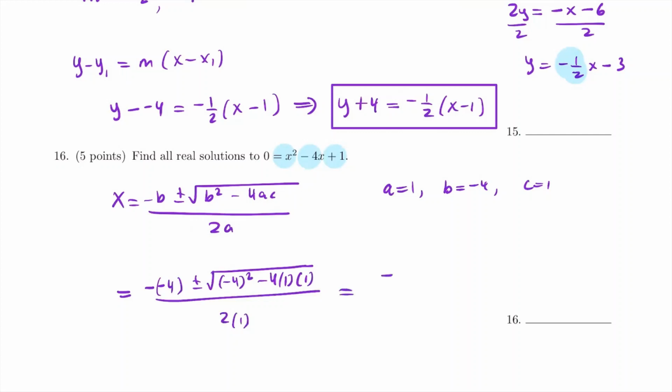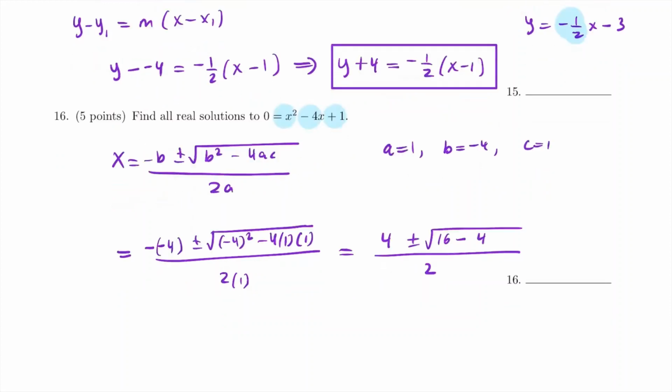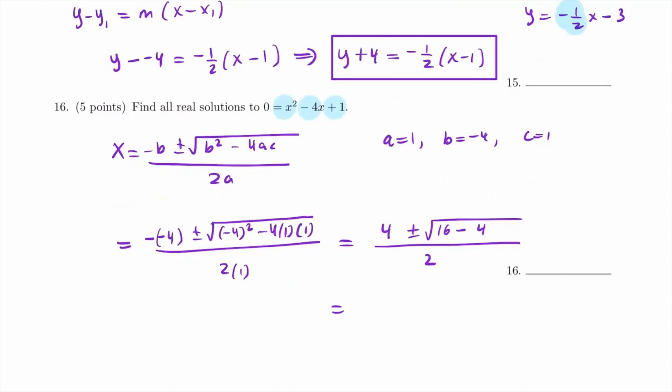This is positive 4, so the double negative turns into a plus 4, plus and minus the square root of 4 squared, that's 16, minus 4 times 1 times 1, that's 4, all over 2. So further simplification, we have 4 plus and minus square root of 16 minus 4, that's going to be 12, divided by 2.